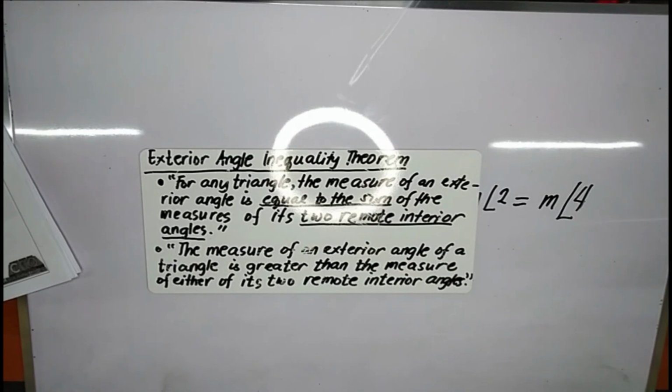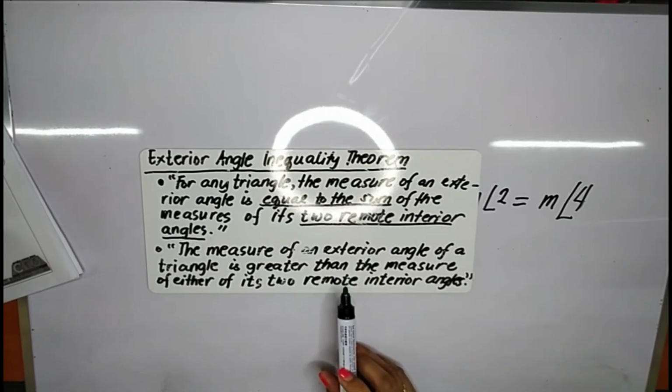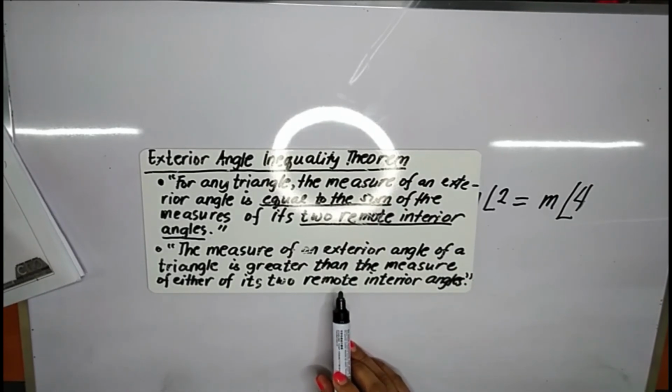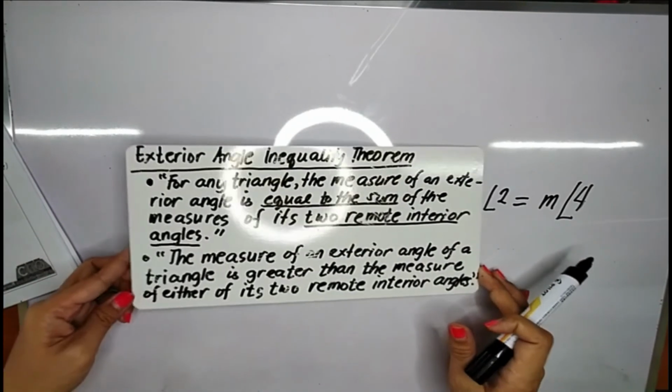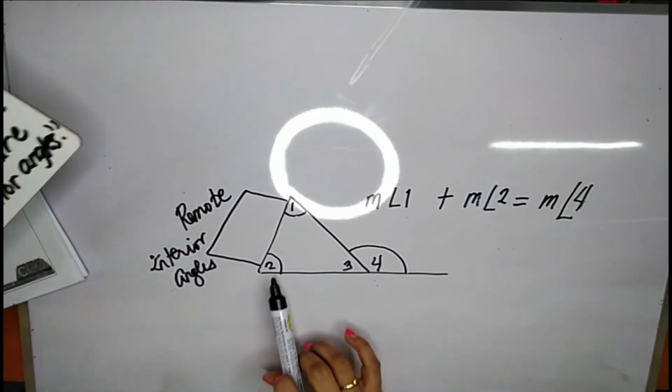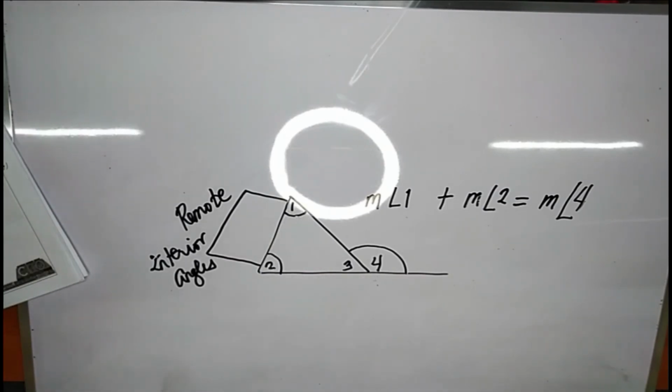So may buti pasabot ana. Ang measure daw sa exterior angle sa triangle, dako, kumpara sa measurement sa bisan asa ani nilang duha sa iyahang remote interior angles. So may buti pasabot ana.